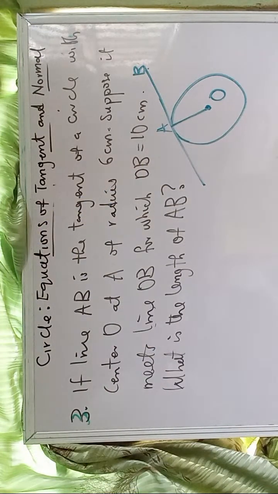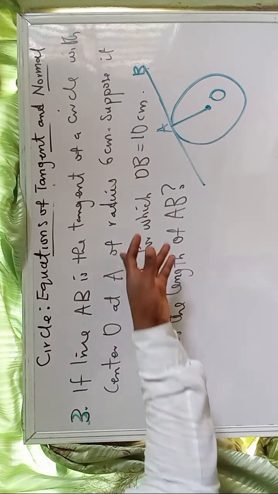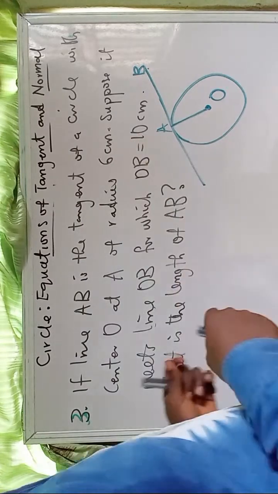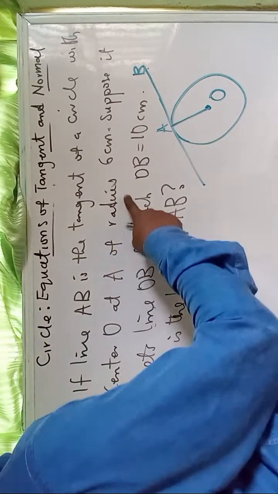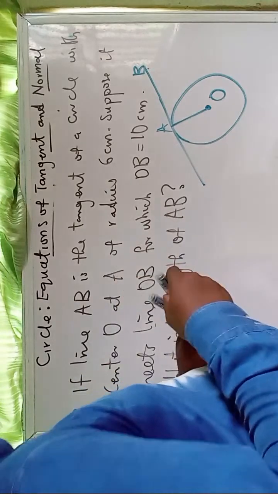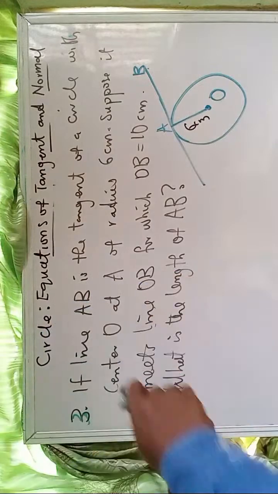And we are told that the center is O, with a radius of 6 centimeters. So it means the length OA is 6 centimeters.